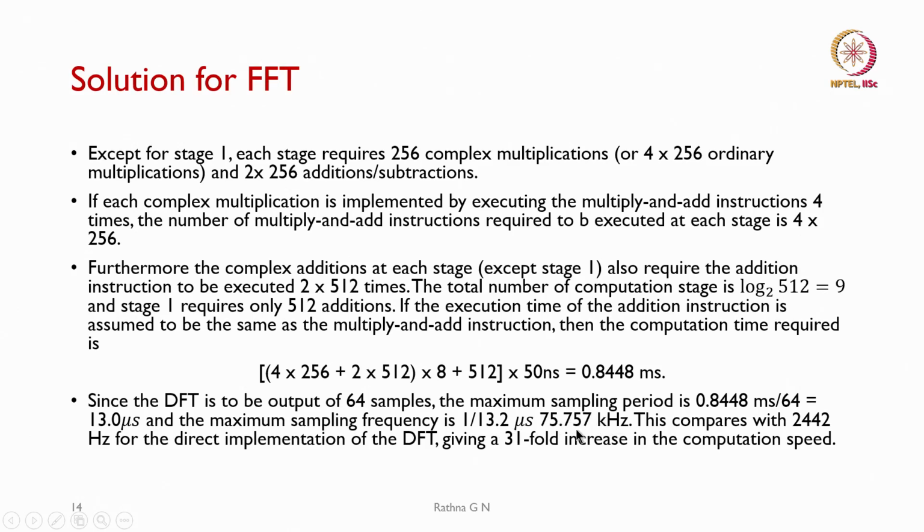As you can see, at 2 point some kilohertz using DFT. Using FFT we are going to have 75.75 kilohertz. So, that is the comparison. You will see that it is equivalent to a 31-fold increase in the computation speed.